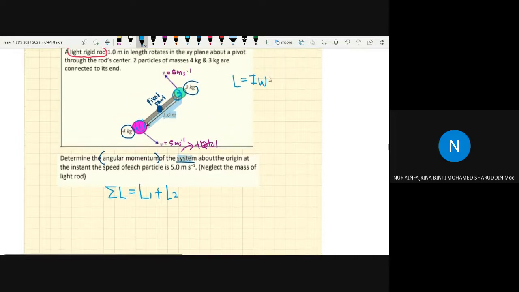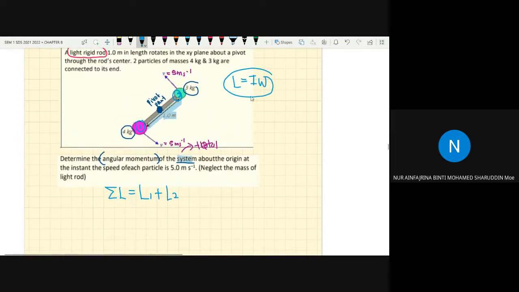So, kita tahu formula dia adalah I omega. Tetapi kita tak tahu omega dia, but we know the velocity, speed dia. Macam mana Miss nak cari omega? Kita tahu V dia 5 meter per second, and radius adalah 0.5 sebab from here to here is 0.5, and from here to here adalah 0.5.